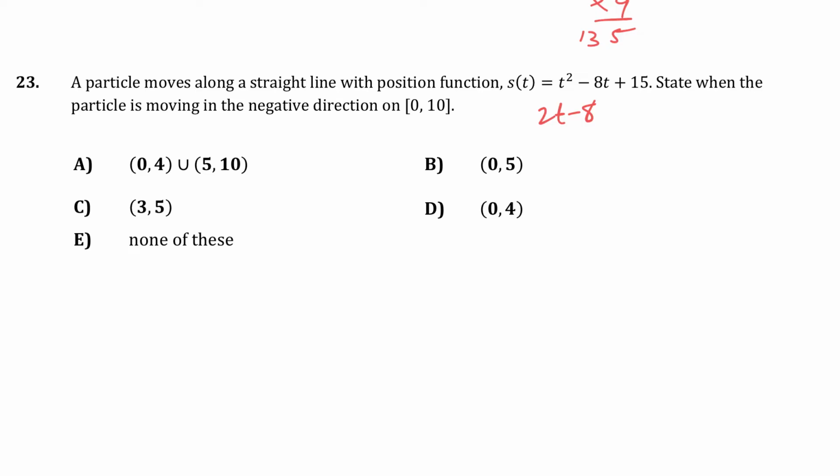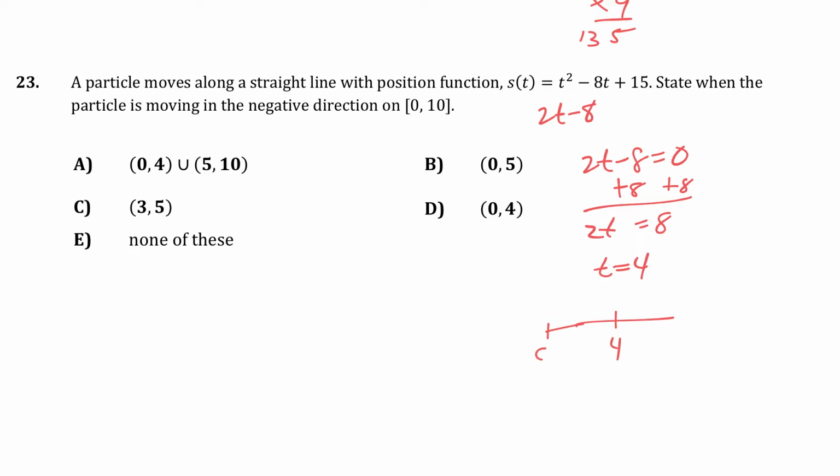First off, when is 2t minus 8 equal to 0? Add 8. 2t is equal to 8. T must be 4. So when t is smaller than 4, like 3, that's going to be negative, right? Because it's 6 minus 8 is negative. So that means that over here, it's going to be negative.